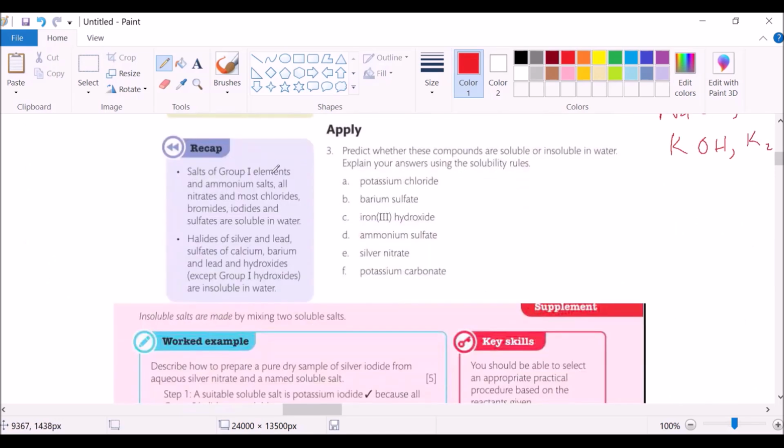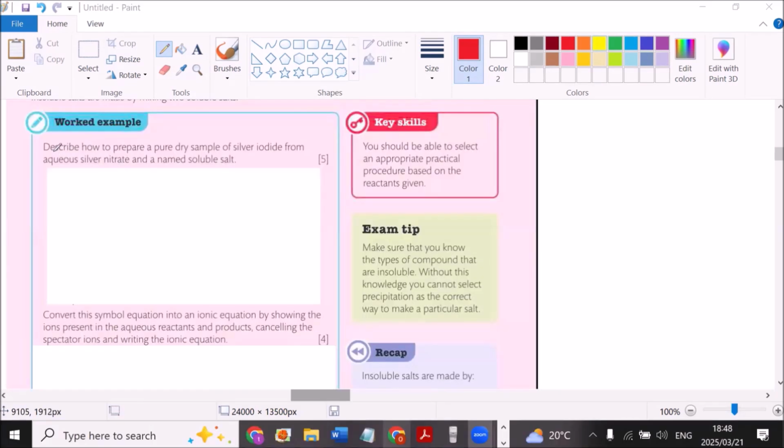Salts of group 1 elements and ammonium salts, all nitrates, and most chlorides, bromides, iodides, and sulfates are soluble in water. Halides of silver and lead, sulfates of calcium, barium, and lead, and hydroxides, except those of group 1, are insoluble in water.